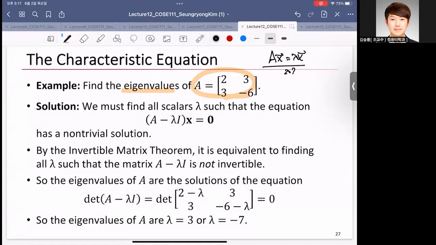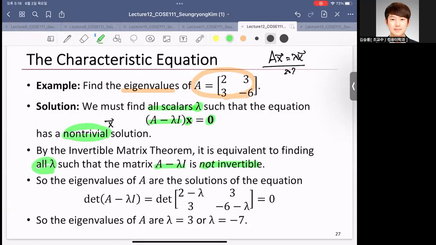First of all, we must find all scalars lambda such that the equation (A minus lambda I) times x equals 0, because this is the definition. So we have to find lambda such that this equation has a non-trivial solution x. By the invertible matrix theorem, this is equivalent to finding all lambda such that matrix A minus lambda I is not invertible.